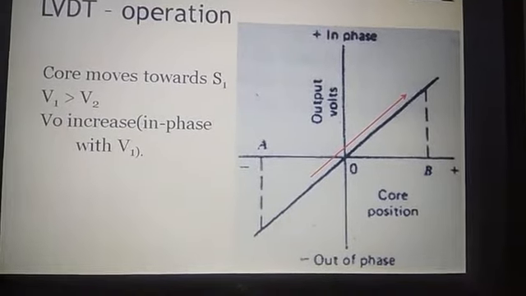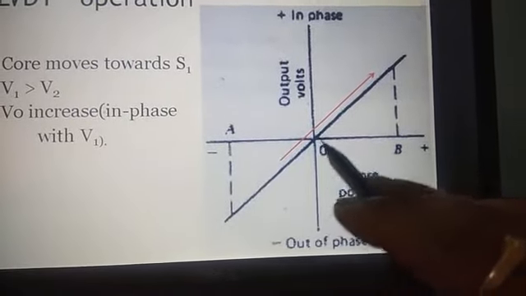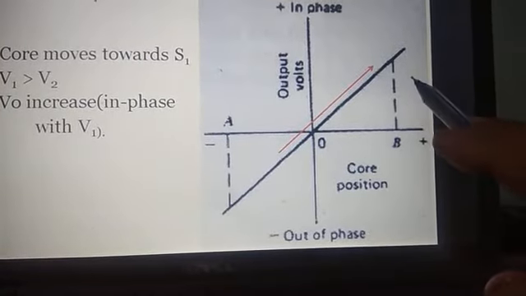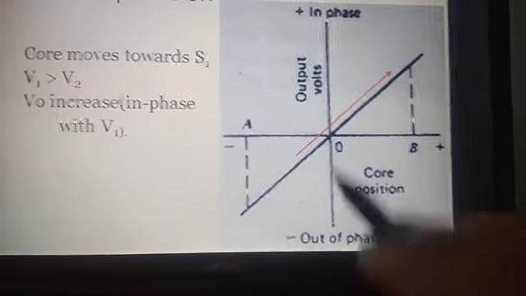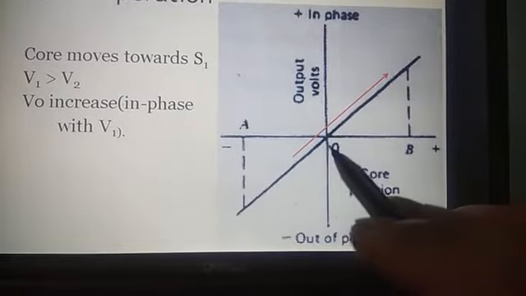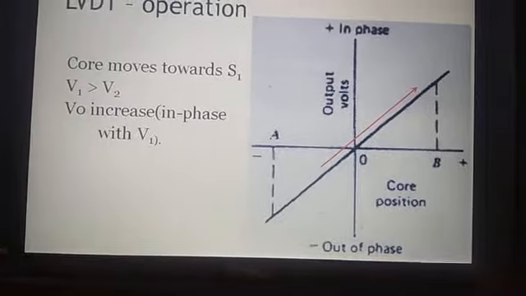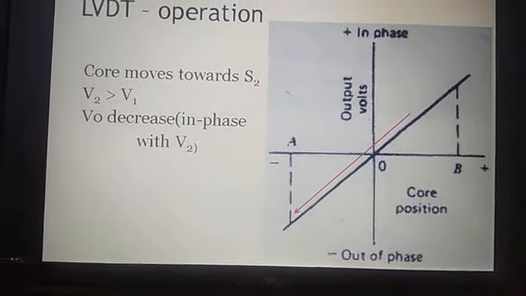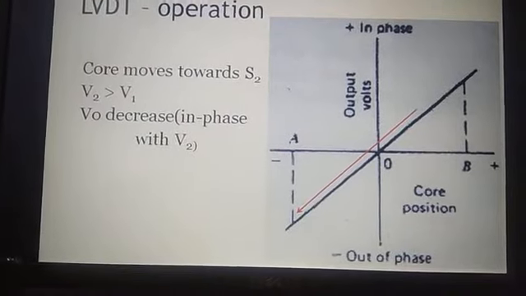So output increases in phase with V1. This output will increase in phase with V1. This is in phase and this is out of phase. Core moves towards S2, that is towards the left side.